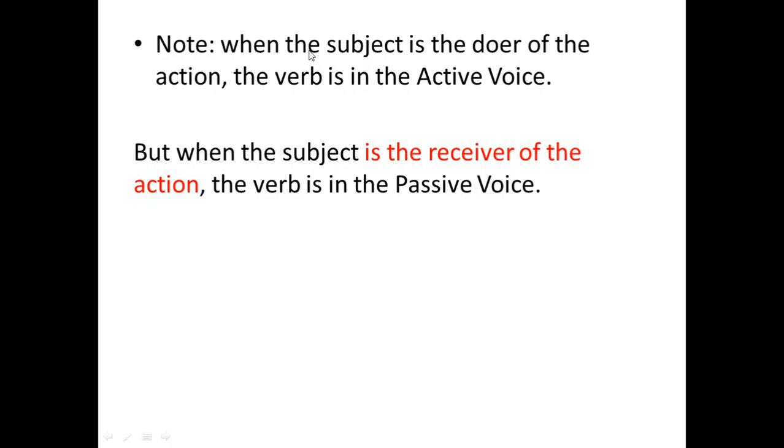So this is very easy. Just remember this: when the subject comes at the beginning of the sentence, be sure that it is an active voice. When the subject comes at the end of the sentence, it isn't active voice. It is a passive voice.